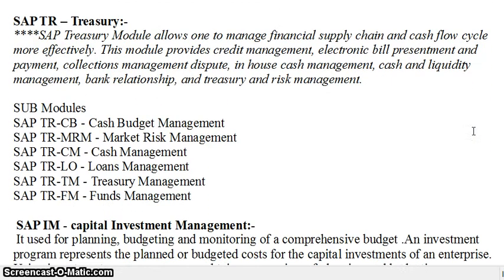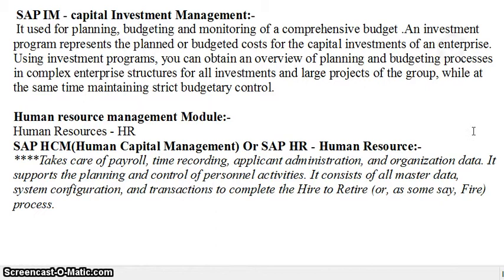That has submodules in it also. You've got your treasury module, which is also one of the financial modules, and it has submodules in it as well. Capital investment management is another financial module, which is used hand in hand with the FICO and treasury.